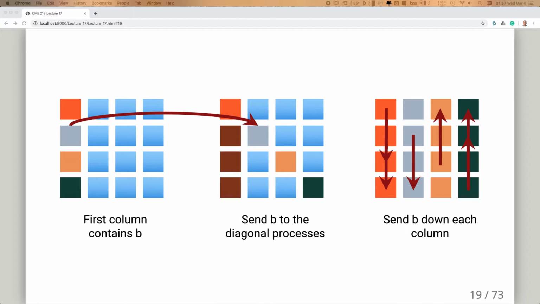Here we're going to assume that column j equals 0 actually has B. For example, the first block of B corresponds to this column, so this is fine, it's in the right column. But this block needs to move to the second column, which corresponds to the second column in the product. This one to the third column, and this one to the last column. The way to do this, and there's going to be a very similar pattern in homework 5, is first to do point-to-point, process to process communication.